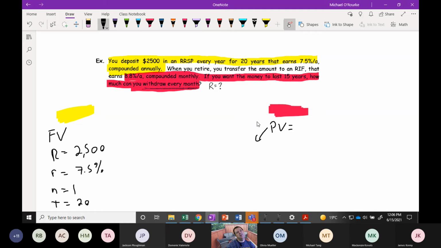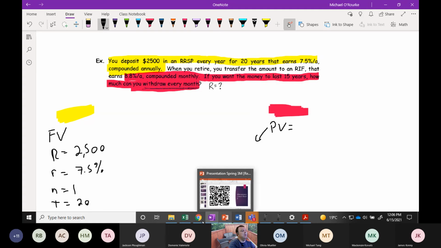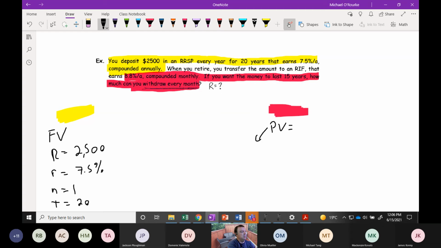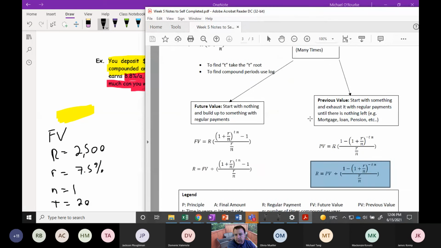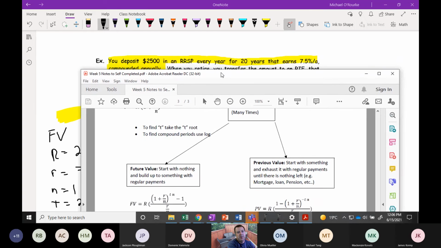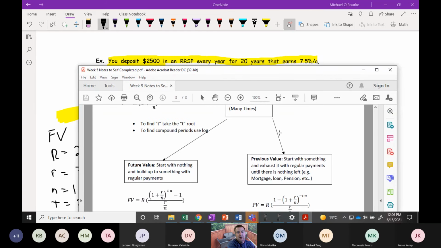Correct. It's because if you look at my notes to self here again, future value, you start with nothing and you build. So you're building up an investment. So when you're depositing, you're building an investment. And then your present value is when you exhaust with a regular payment.